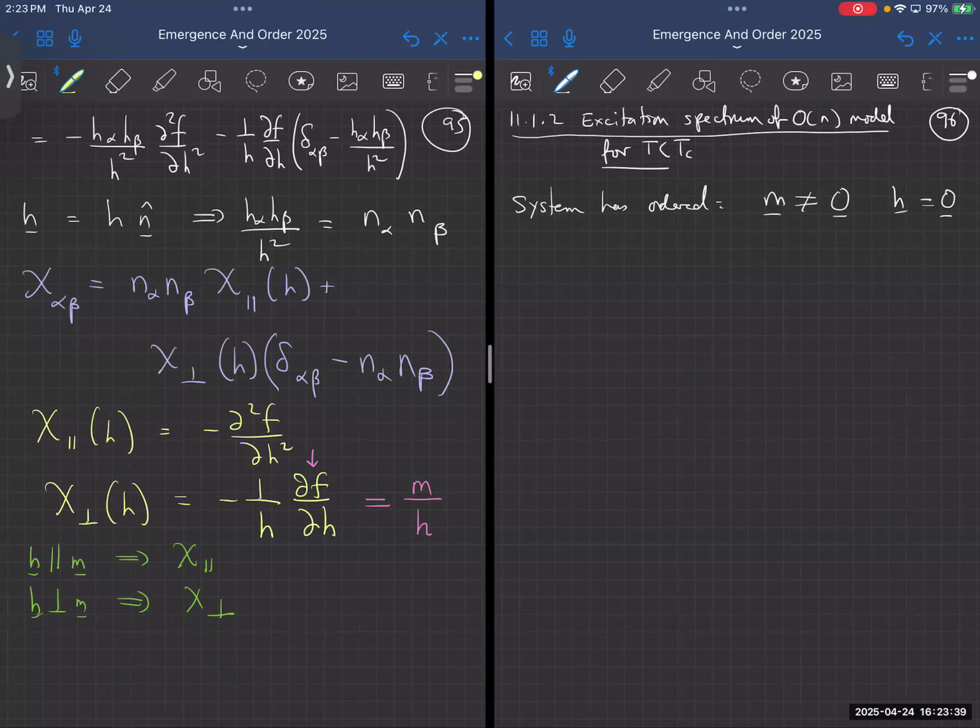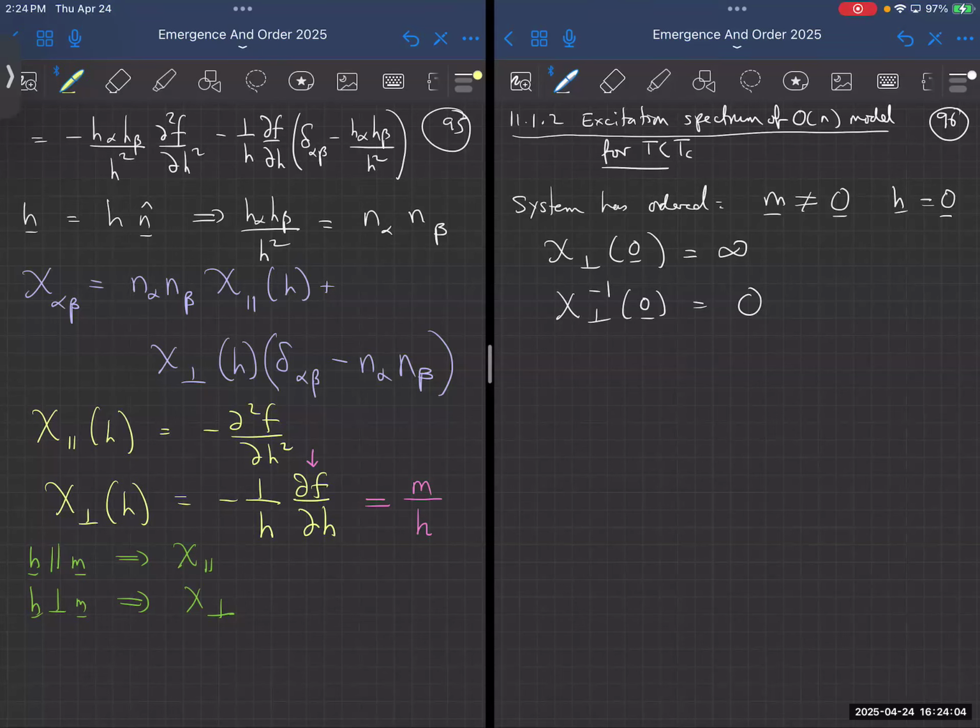So what that means is that if I look at chi perpendicular of H equals 0, that is equal to M over H. H is 0, so that is equal to infinity. Or another way to say it is the inverse chi perpendicular of 0 field is equal to 0. Sorry, minus 1.